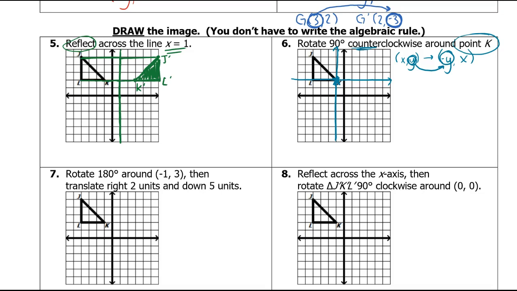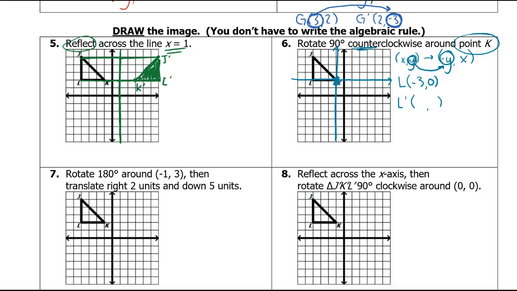Let's try some of these others. Point L, based on our fake axes, not the actual things that were there, but the axes that are just helping us, point L from that point is at negative 3, 0, which means that L prime from those fake axes needs to follow that same rule.